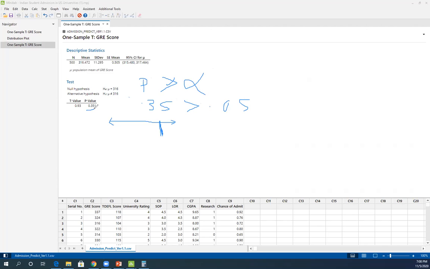All the students coming from India, their GRE score will be 316 with 95% confidence, or alpha at the 5% level of significance. So this is the way to do hypothesis testing.